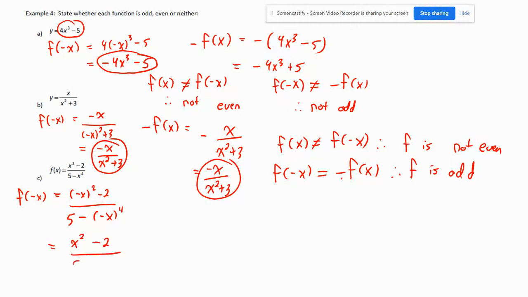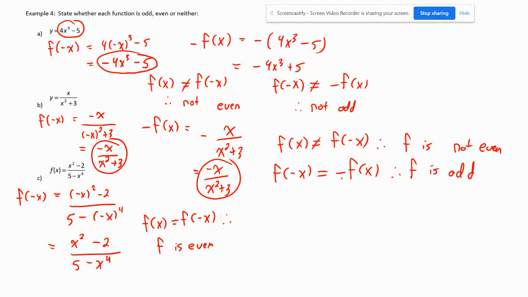Okay, let's take a look at example C. Hopefully what we're seeing here is that when we square a negative x, we just get x squared. And when we take negative x to the power of 4, we just get x to the power of 4 as well, which is the same as we had in the original. So f of x equals f of negative x. Therefore, f is even.